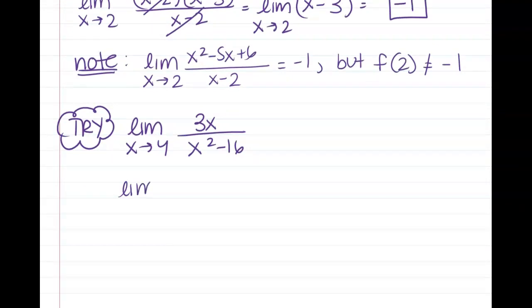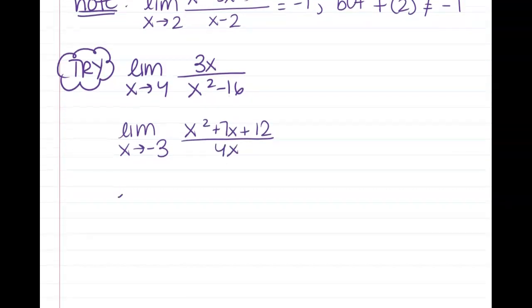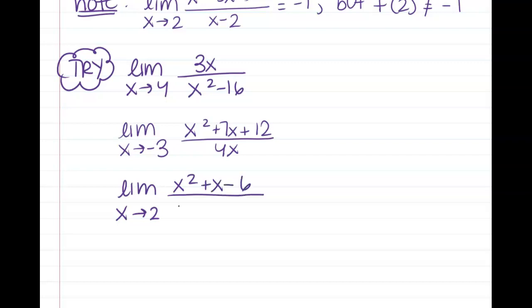The limit as x approaches negative 3 of x squared plus 7x plus 12 over 4x. And the limit as x approaches 2, x squared plus x minus 6 over x squared plus 6x plus 9.